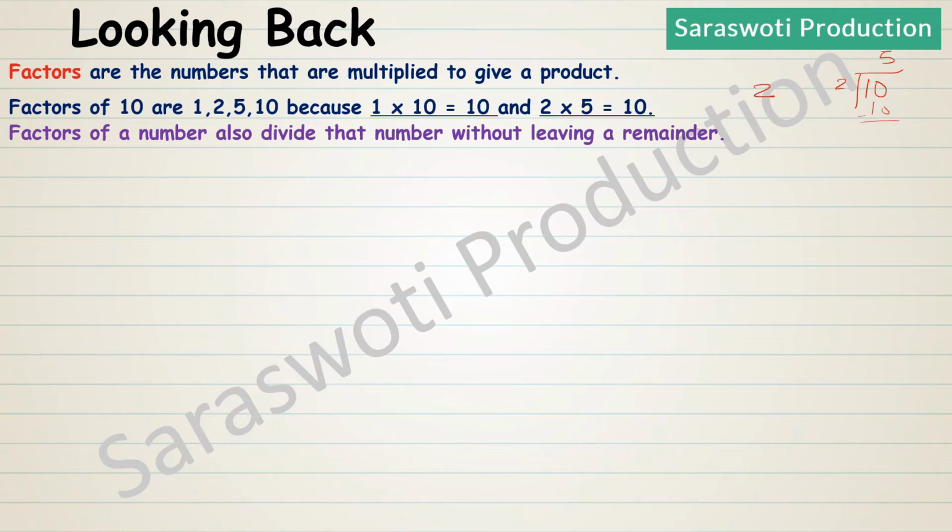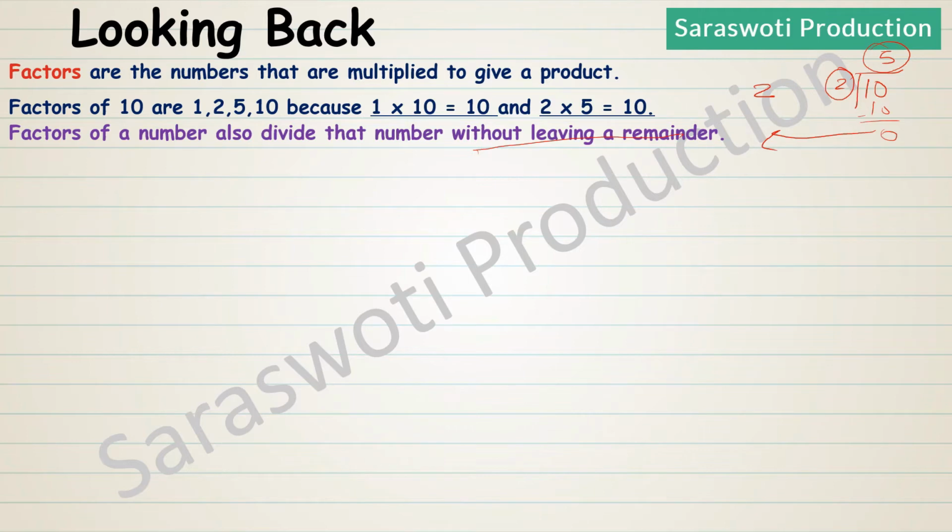So, giving a remainder 0, or in other words, it's giving you no remainder at all. Yes? Now I can confidently say that number 2 and number 5 are factors of 10. So thus, the factors of a number also divide the number without leaving a remainder.